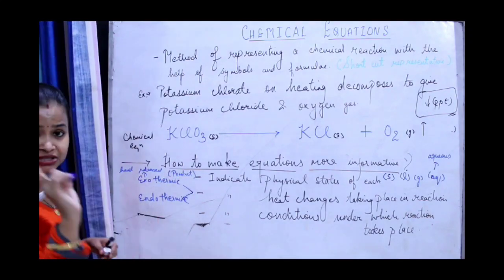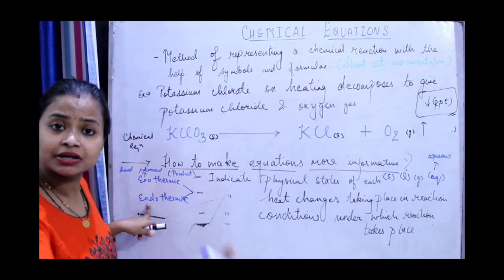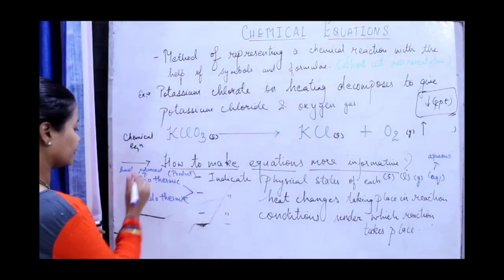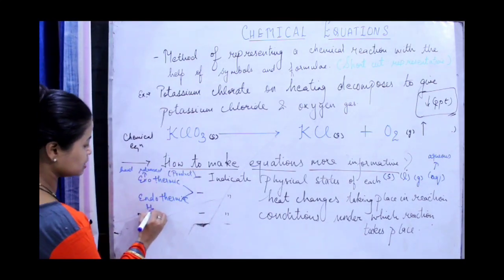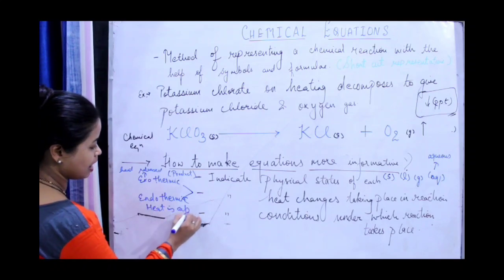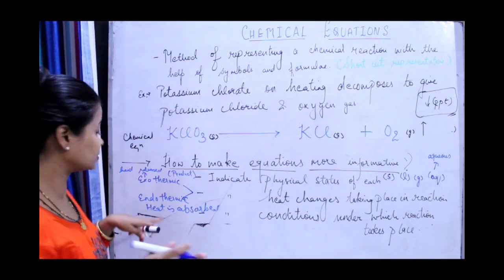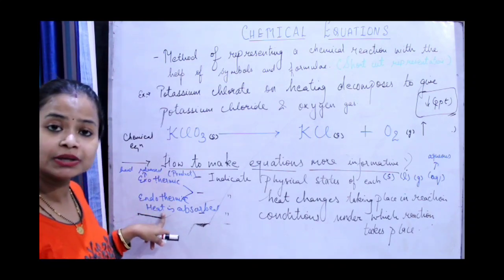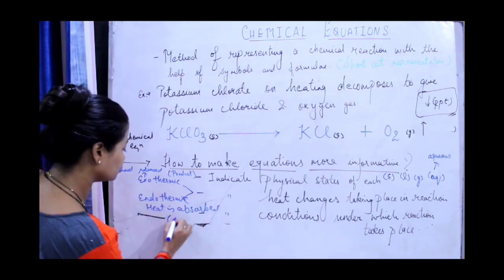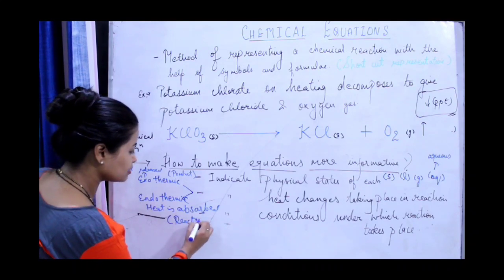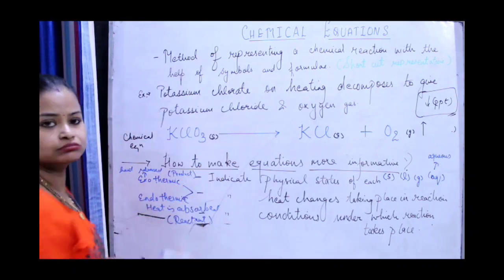Product side, always keep it in mind. If heat is absorbed in the chemical reaction, then that is known as an endothermic reaction, and in case of an endothermic reaction, heat is always written on the reactant side, okay, or on this arrow sometimes.